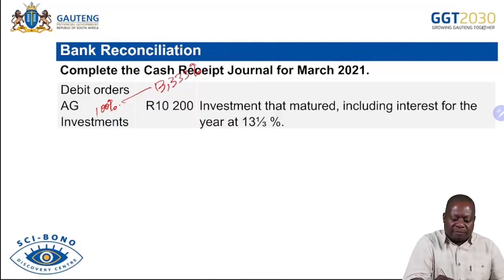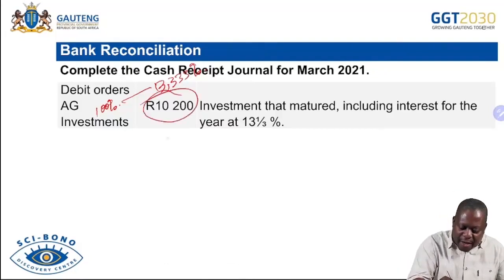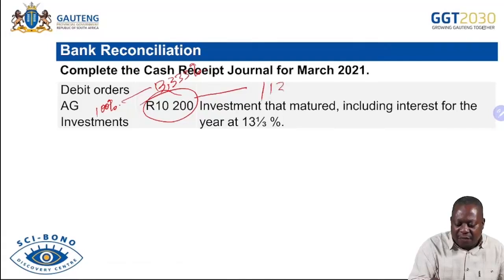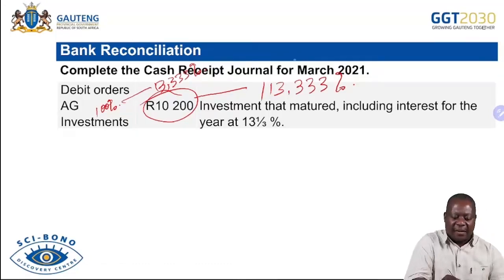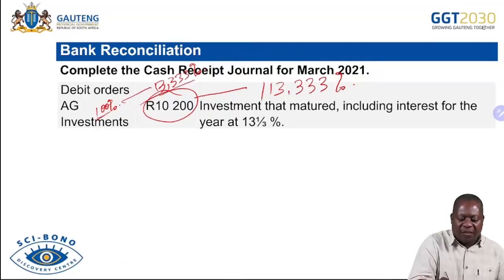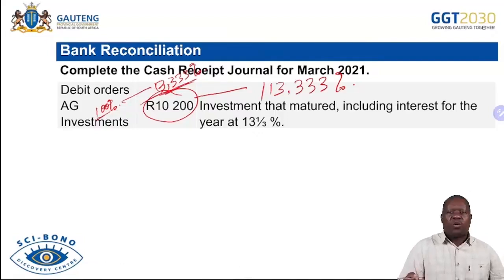So it therefore means this 10,200 figure is equal to 113.333%. So if we have this, we want to find the 100 or we want to find the 13.3. Now, you remember what we said last time, the UK method: unknown over the known times the figure that we are given.